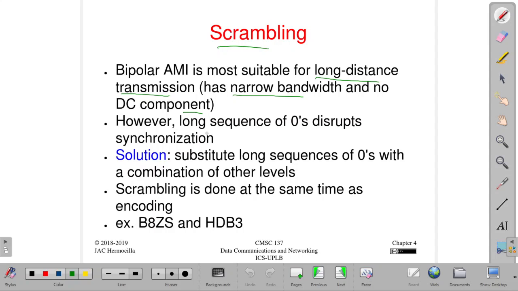But the long sequence of zeros actually will disrupt synchronization. So the solution is to substitute long sequences of zeros with a combination of other levels. Okay? And this is accomplished by scrambling, wherein we have two techniques, B8ZS and HDB3. Right?